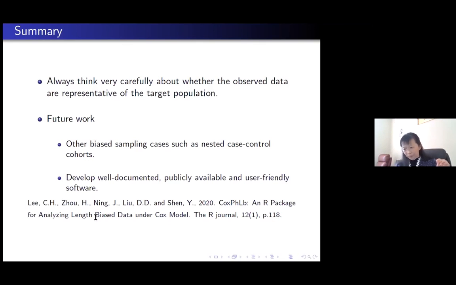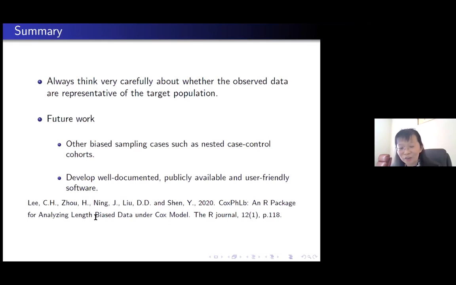However, with high-dimensional biomarker data in the discovery phase, we do not have existing methods to detect predictive biomarkers, given the existing biomarkers or existing risk factors, with consideration of the biased sampling issue. We are currently working on this area.